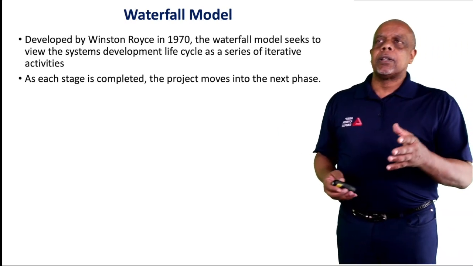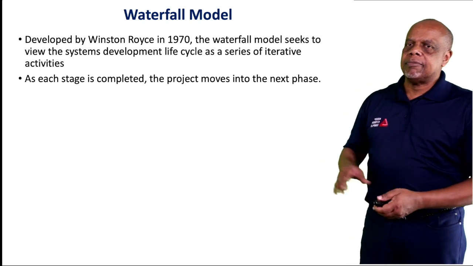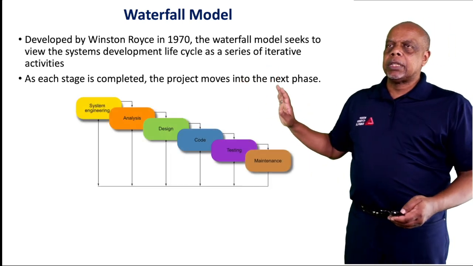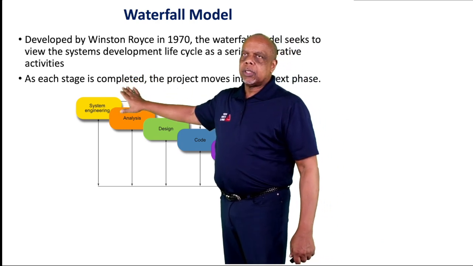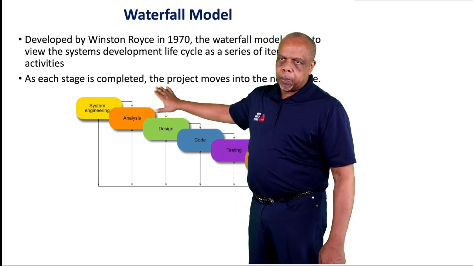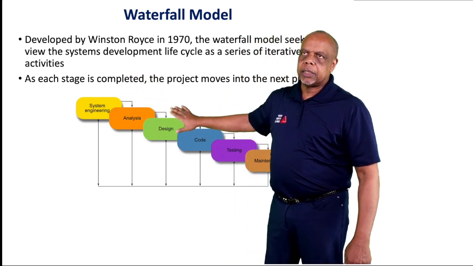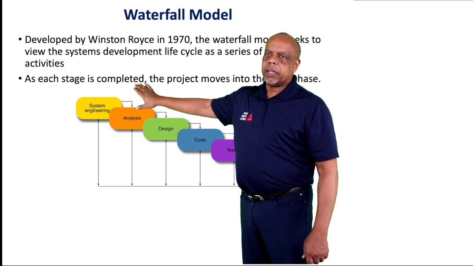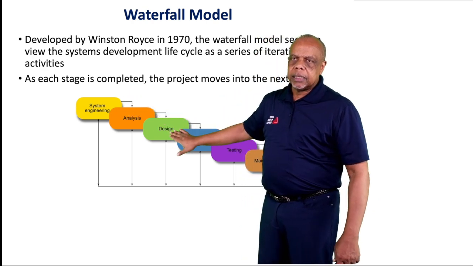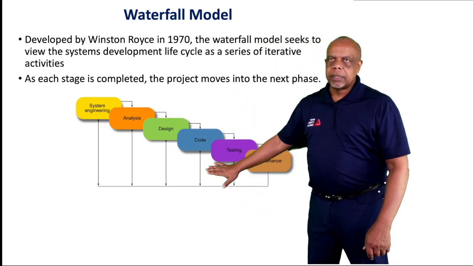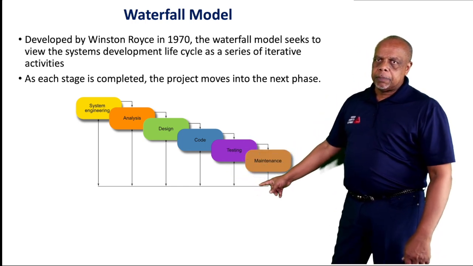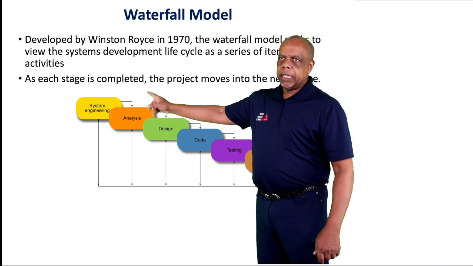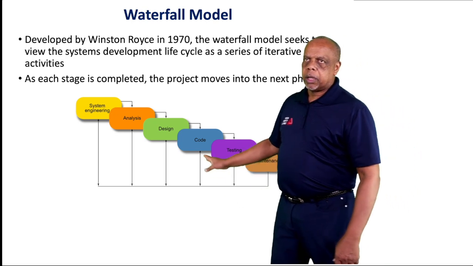So the waterfall model was developed by Winston Royce in 1970. That's why they call it a waterfall: as each stage is completed, the process moves to the next phase. It starts with system engineering, then analysis, design, code, testing, and maintenance, and there is a feedback loop at each one of these, so that if something's wrong, it feeds back.